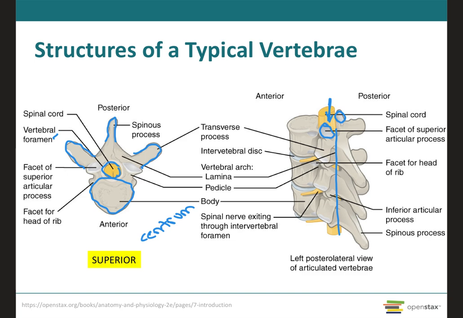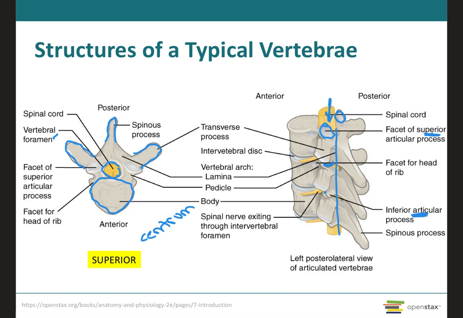If you have a superior articular facet, you're going to have an inferior articular facet, which is located right underneath. Now, because all vertebrae articulate with each other, all of them will have a superior articular facet and an inferior articular facet. Now, how do they articulate?